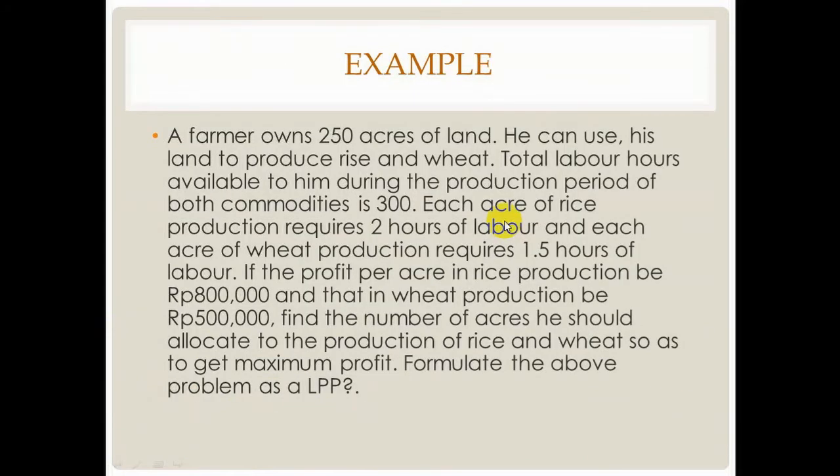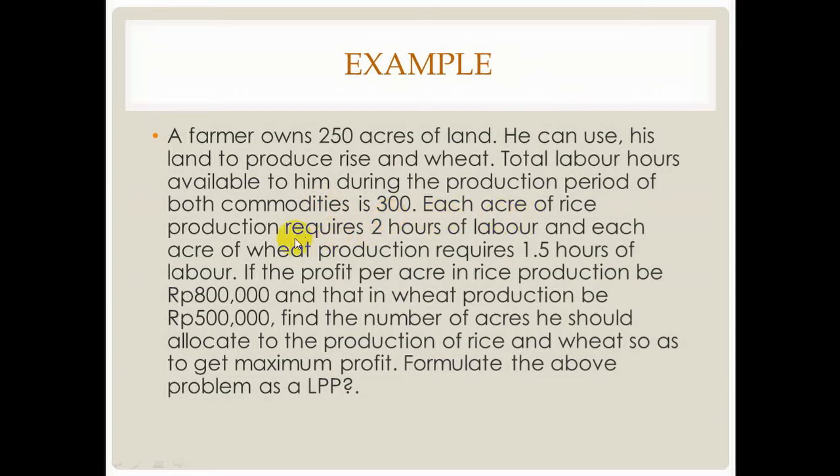So, for example, a farmer owns 250 acres of land. He can use his land to produce rice and wheat. So from here you already have two things: rice and wheat. The total labor hours available to him during the production period of both commodities is 300.